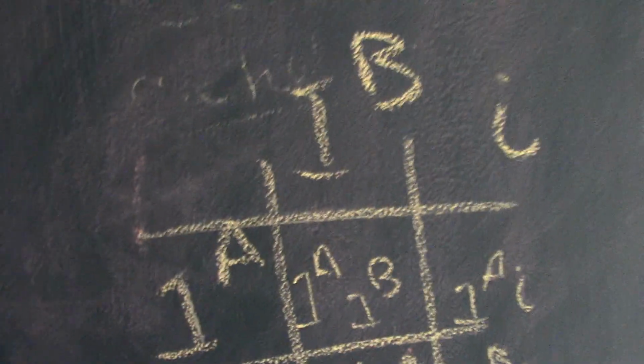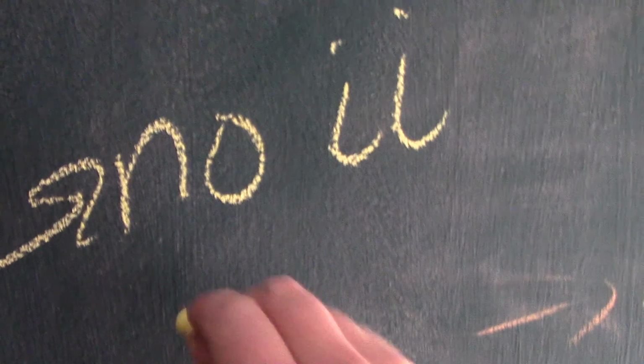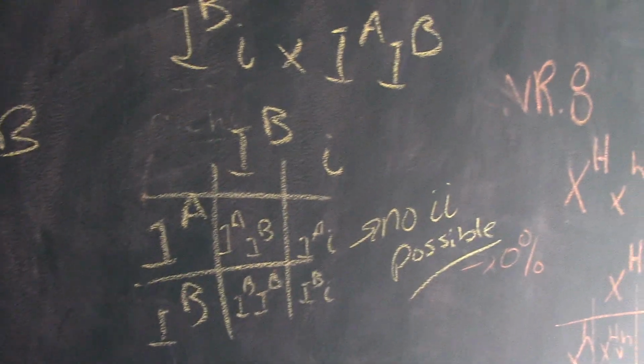So that means dad ain't the dad. So mom was doing something wonky or they switched the baby at the hospital. So no O possible. Okay. So that's multiple alleles.